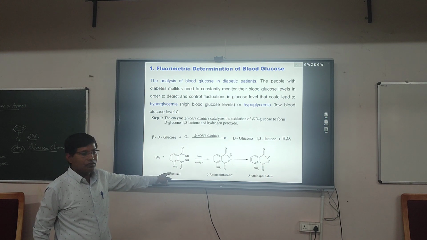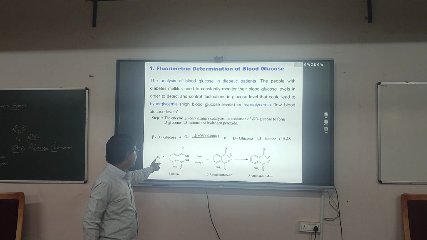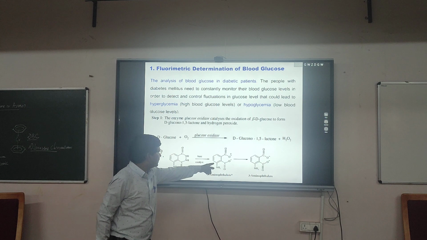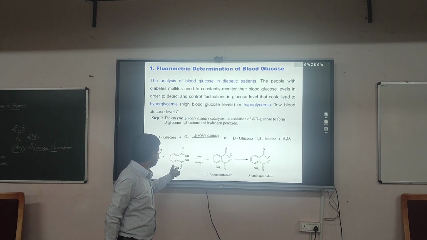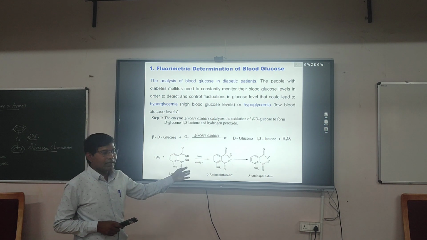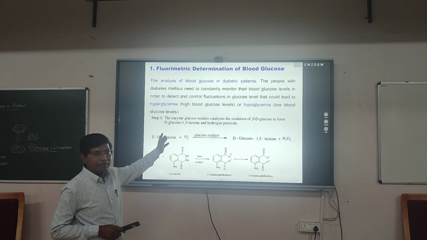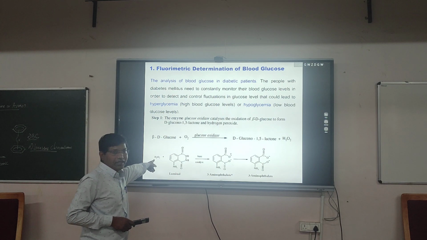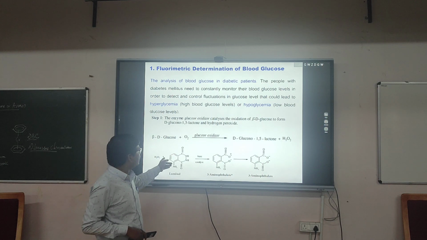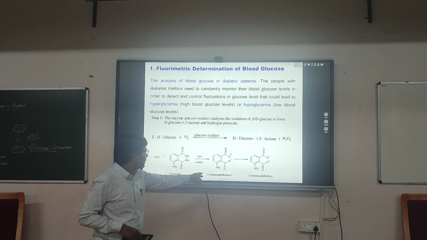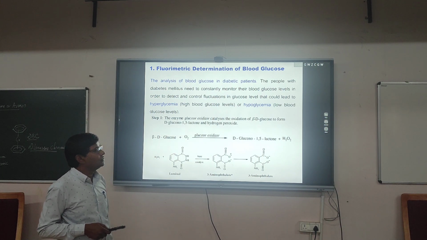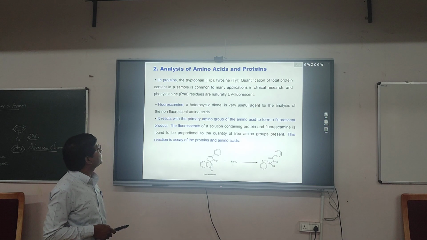So the H2O2 produced from the blood glucose will cause the oxidation of this luminol, and it will give fluorescence light. The concentration of glucose present in the blood is directly proportional to the amount of H2O2 generated from the sample. As the concentration of glucose increases, the fluorescence intensity will increase. So this is a way for determination of glucose from a blood sample.